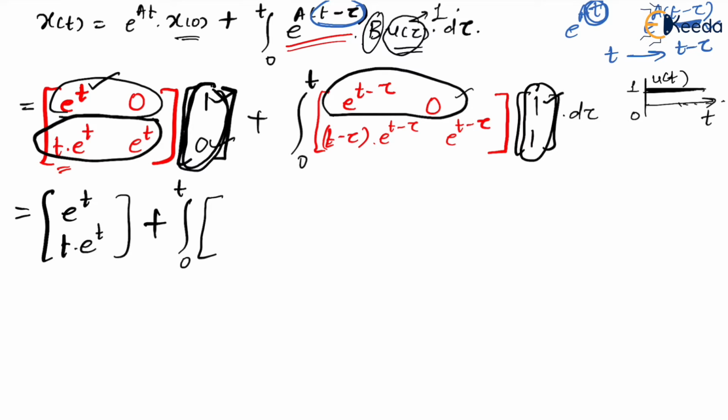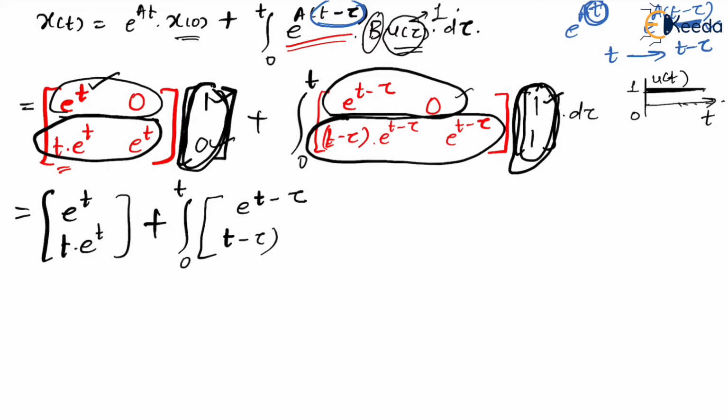So what you have is e to the power t minus tau. Similarly here, row by column, this is the row, this is the column, so you get t minus tau into e to the power t minus tau plus e to the power t minus tau. Is that correct? And here you have d tau, right?